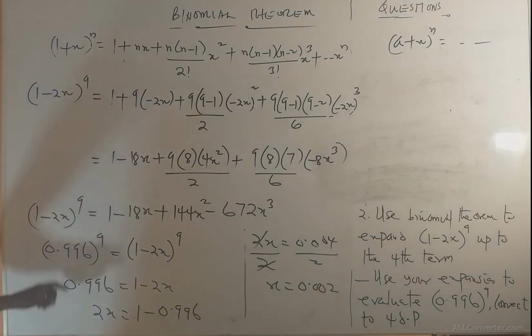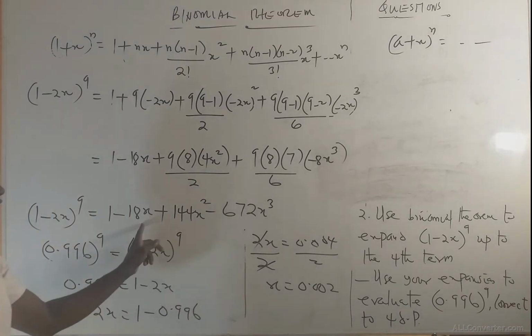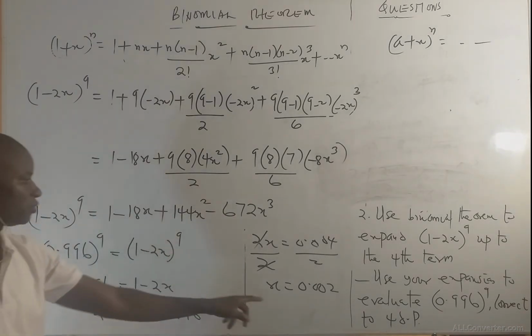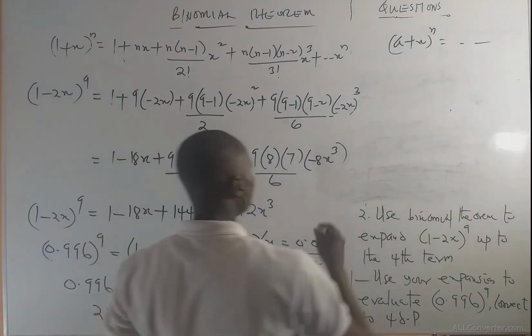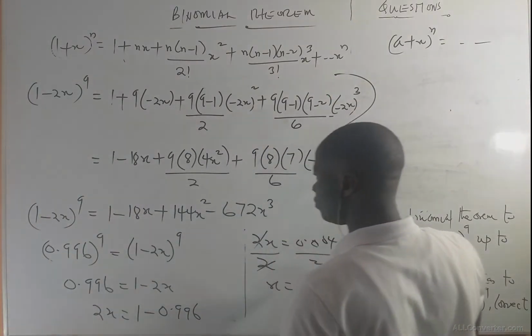So in solving for this, after solving for x, we go back to the expansion. Wherever we see x, we now substitute that by 0.002 and the answer will be out. So in doing that, this is what we have.